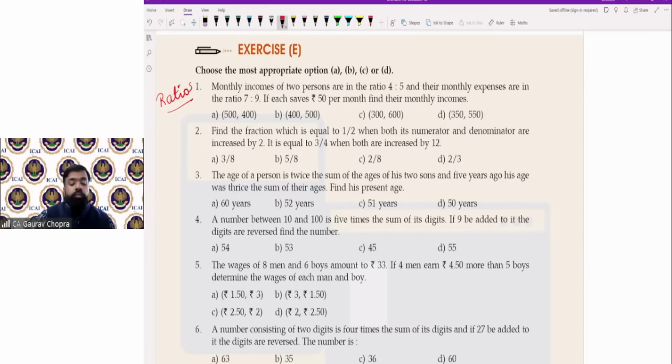Second one: find the fraction which is equal to 1/2 when both its numerator and denominator are increased by 2. If both are increased by 2, then the result is half.